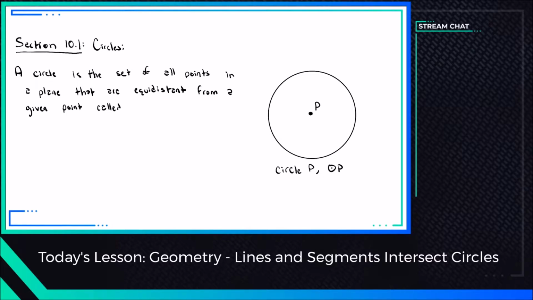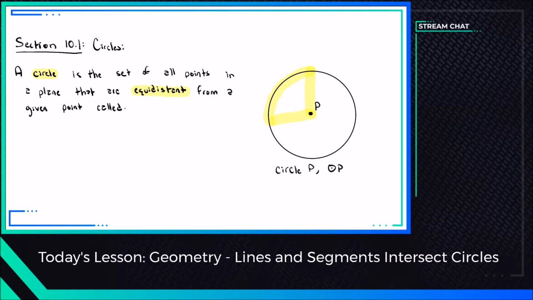And so we have a couple of key terms here. First off, we need to know what a circle is. Second, we have to remember what equidistant means. Equidistant means that every point on this circle is the same distance from P.